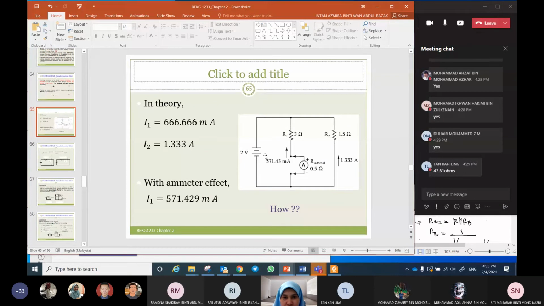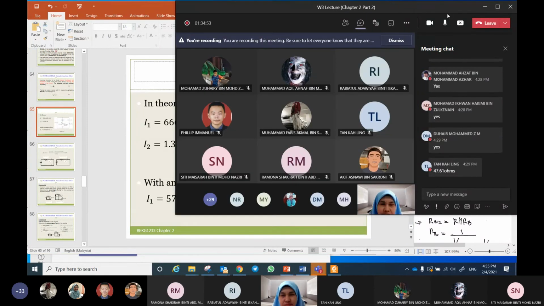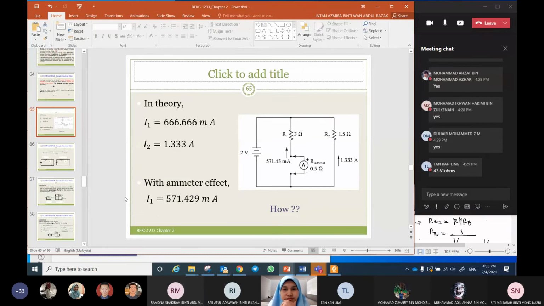How to get 571 milli? 2 divided by 3 plus 0.5. In the bracket, 3 plus 0.5, we get the new current.